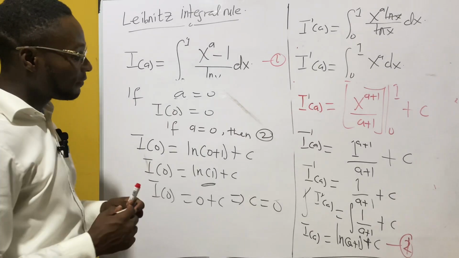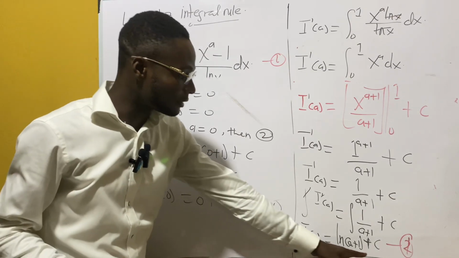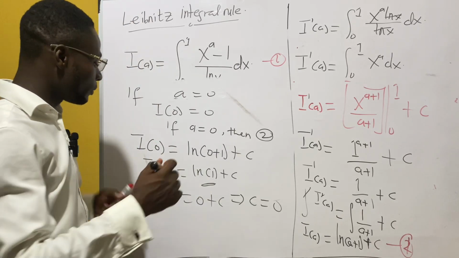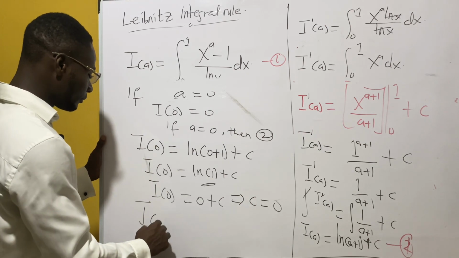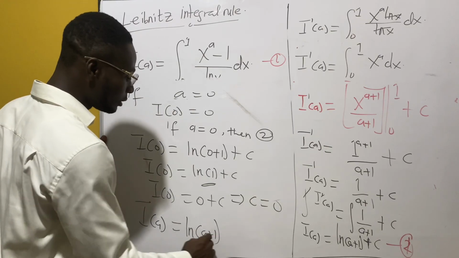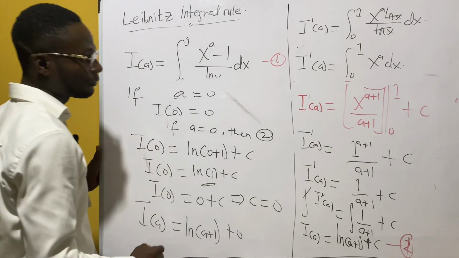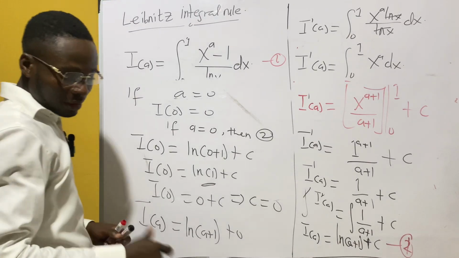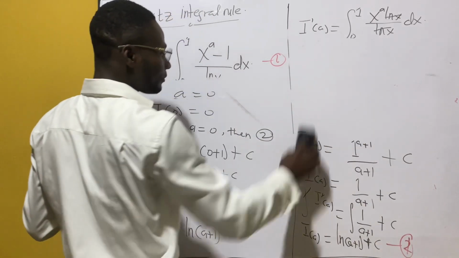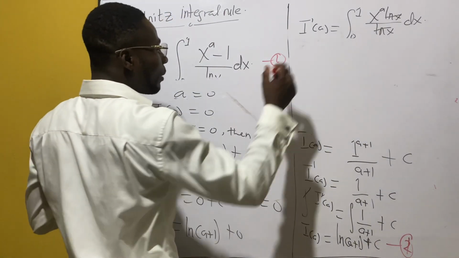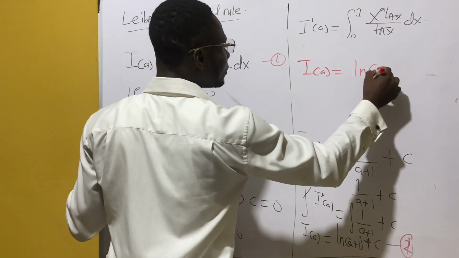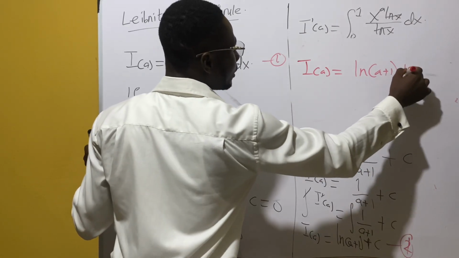which means that our c is equal to 0. If c is equal to 0, then we can substitute that into equation 2 and find our I of a. So our I of a is finally equal to ln(a + 1) plus 0.